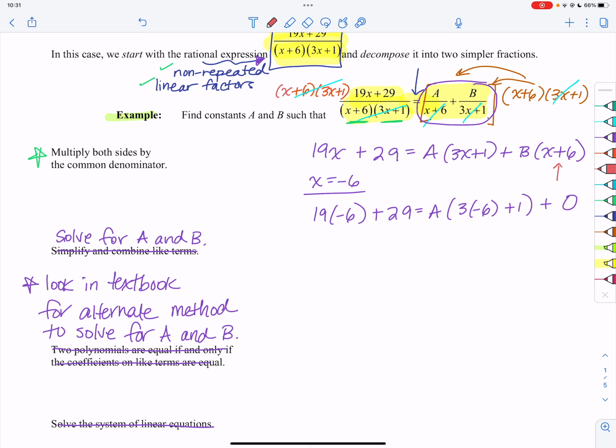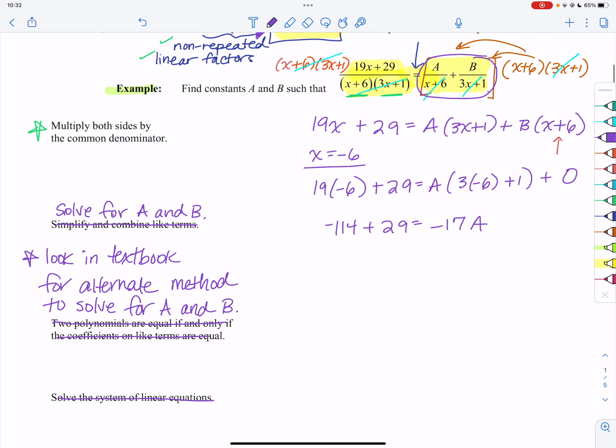Okay, so now we'll go ahead and multiply 19 by -6, and we get a negative 114 plus 29. And of course, we have 6 times 3 is 18, but that's a negative 18 plus 1 is a negative 17A. And then we have 0 there.